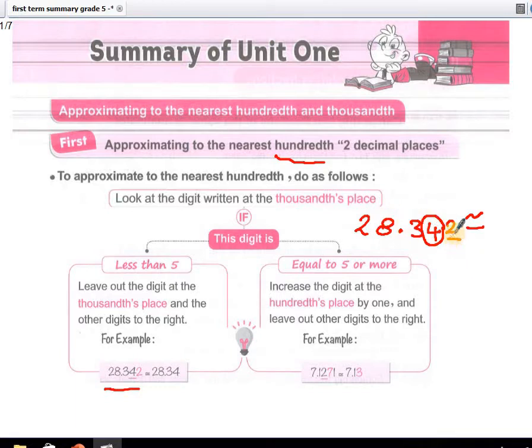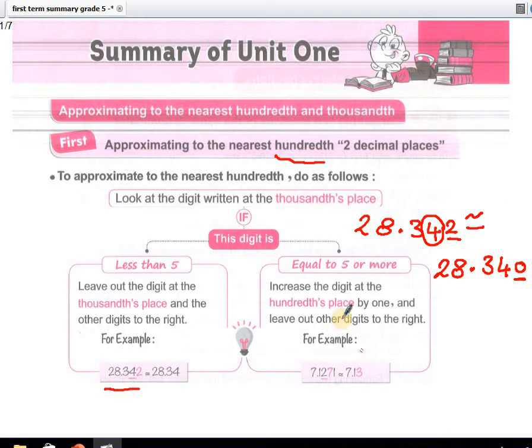So this number here is 2, so I have nothing to change. So the number will be, after approximation, 2,8, decimal point, 3, and the number inside the circle will be the same, because I have here a weak number and it doesn't change, and any number before the circle will be 0. You can write it or not.